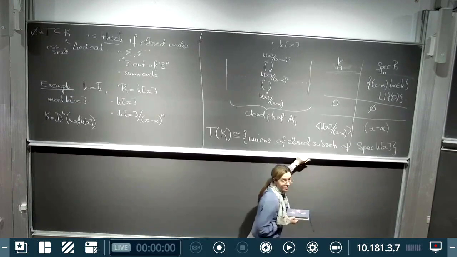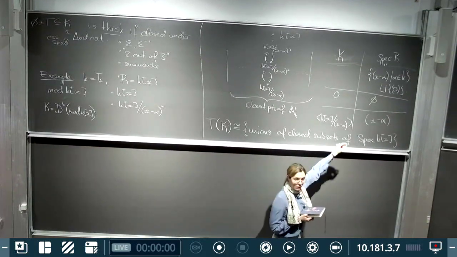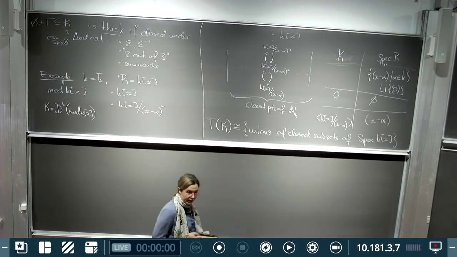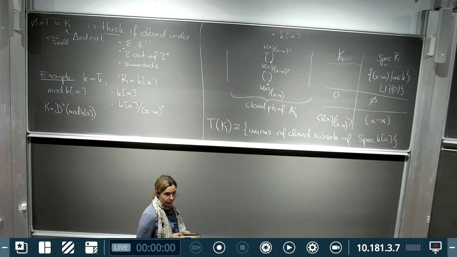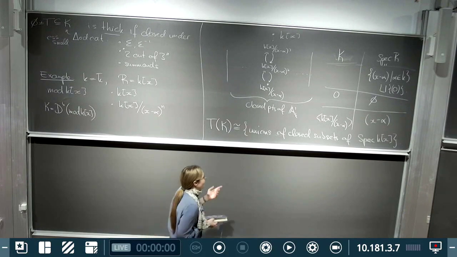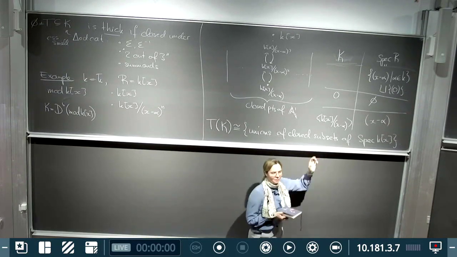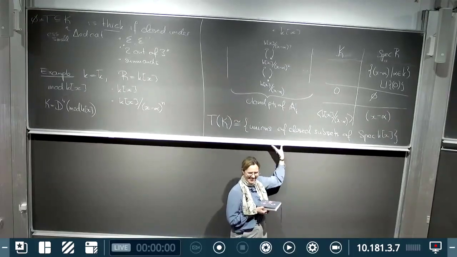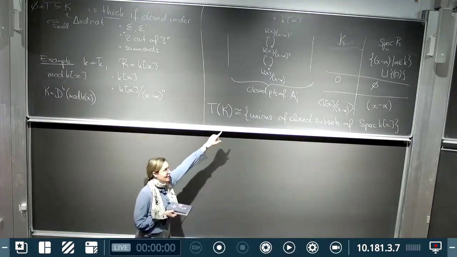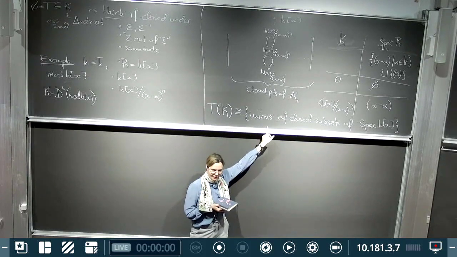I'm not going to get the power set. Closed subsets are finite subsets. Yeah, exactly. You're not going to get the generic point. I could just say, oh, the power set, but not stuff that contains the generic point, which would maybe be more complicated to write. But the thing is, this is very close to the general statement.